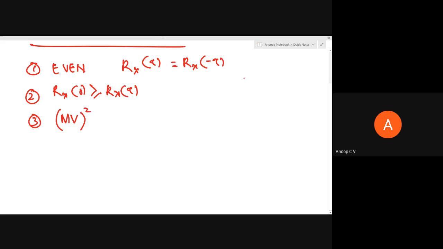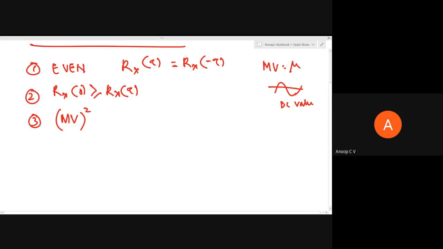Then the next one is the mean value square. The mean value is mu, so the square of the mean value. One more thing to keep in mind: if you consider any signal, the average of that is its DC value. Even if it is a sinusoid or any signal, if you're asked to find the DC voltage, you should find the mean voltage.